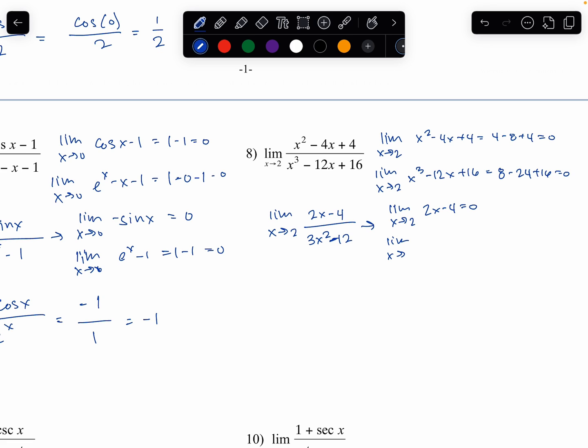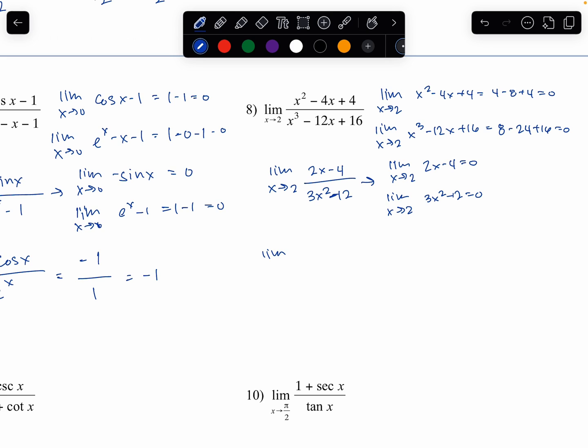And the limit as x approaches 2 of 3x squared minus 12, that's also going to be 0, so we have to use L'Hopital's rule again. So the limit as x approaches 2 is going to be equal to 2 over 6x, and that's going to be equal to 2 over 6 times 2, which is going to be equal to 1/6.